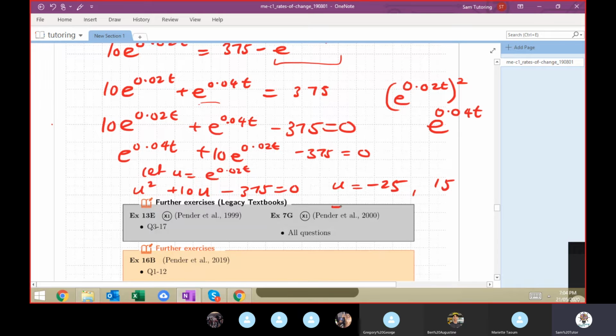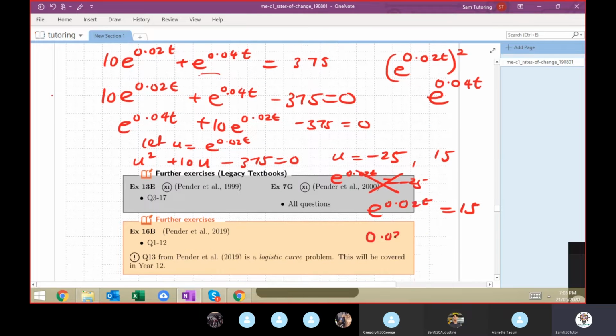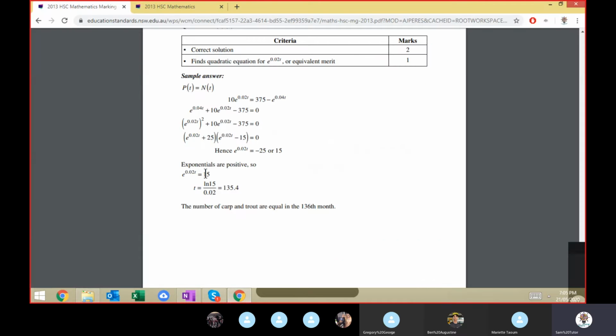And then of course you bring e^0.02t as negative 25, which won't ever work because you can't log the negative. You'll do e^0.02t equals 15, log both sides, and then divide by 0.02. So something like that. ln 15 on 0.02, 135.4. And then of course, as always, you have to answer the question. The number of carp and trout are equal in the 136th month.